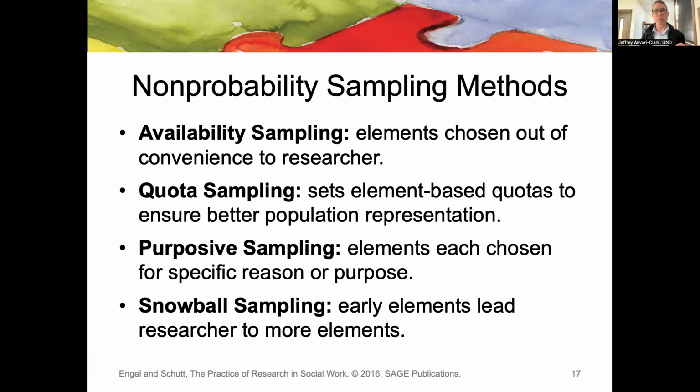Then you've got quota sampling. So maybe you've got a population of social workers, where maybe 70% of the social workers are women and 30% are men. And so you want a sample in which 70% of the respondents are women and 30% are men.